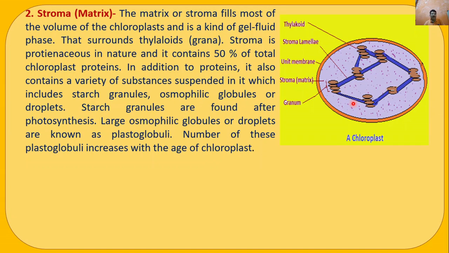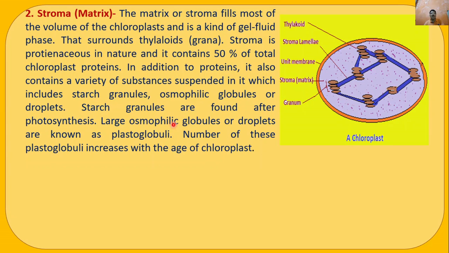Stroma is proteinaceous in nature and contains 50% of the total chloroplast protein. So this stroma is composed of proteins, and 50% of the total proteins of the chloroplast are present in this stroma. In addition to proteins, it also contains a variety of substances suspended in this matrix, which are starch granules and osmophilic globules or droplets.